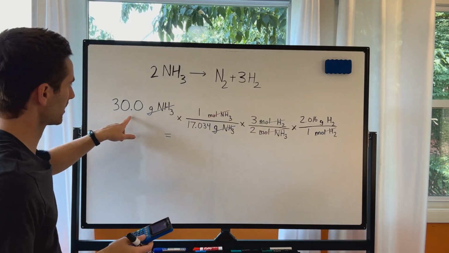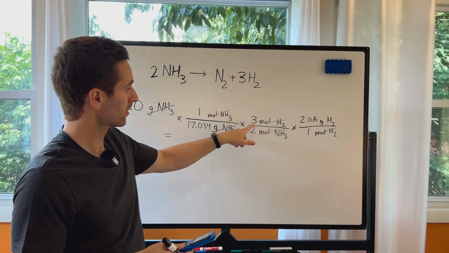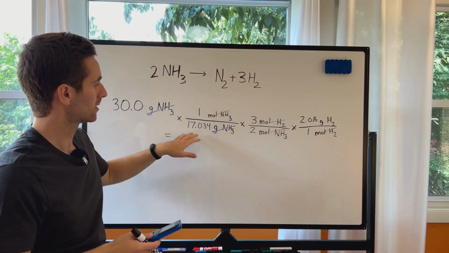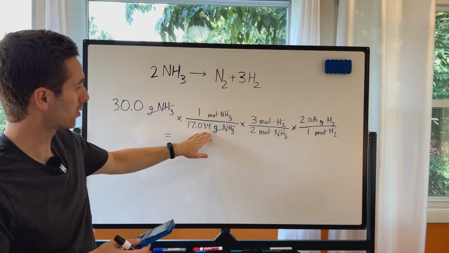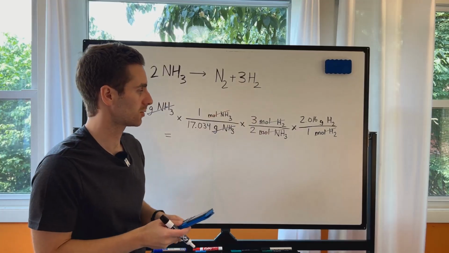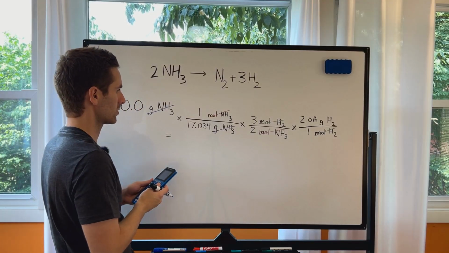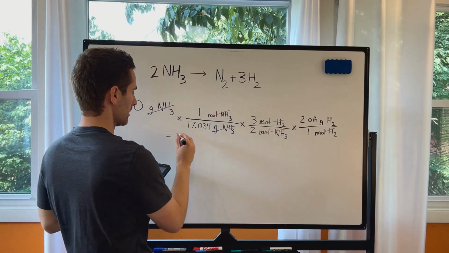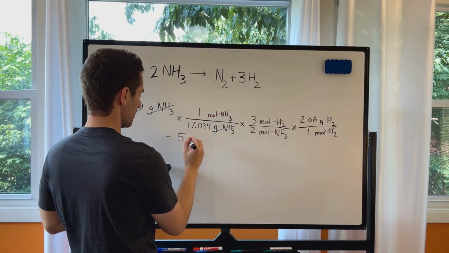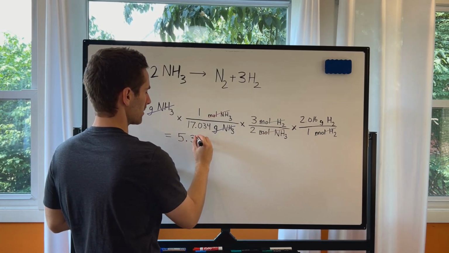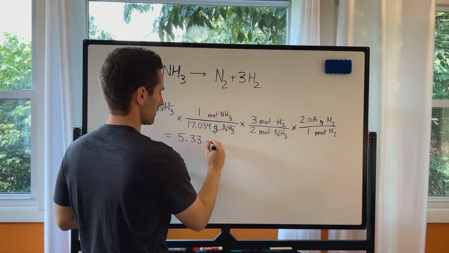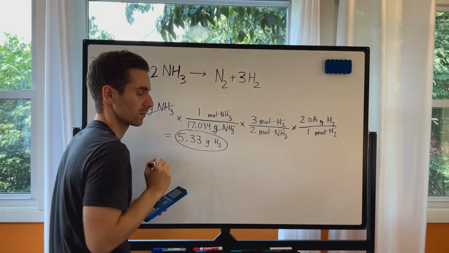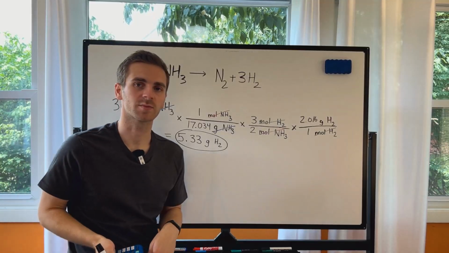It's going to be 30 times 3 times 2.016 divided by 17.034 divided by 2. And you should get, keeping 3 sig figs here, 5.33 grams of H2.